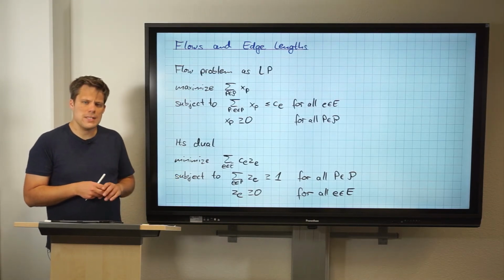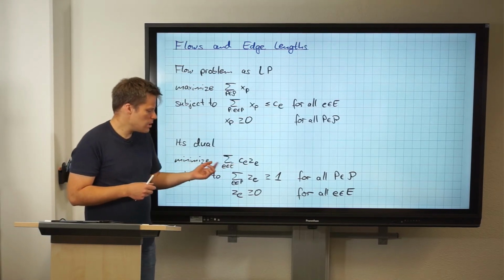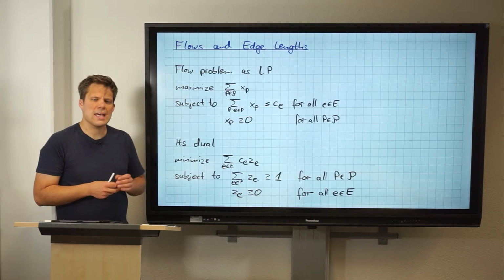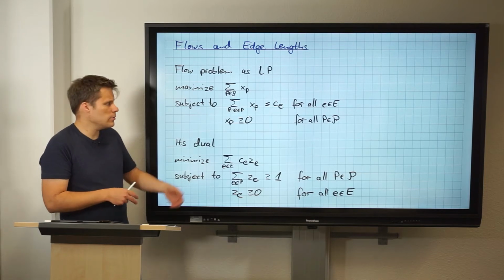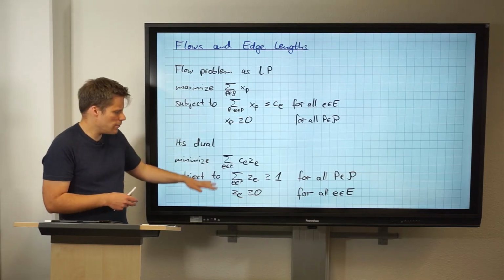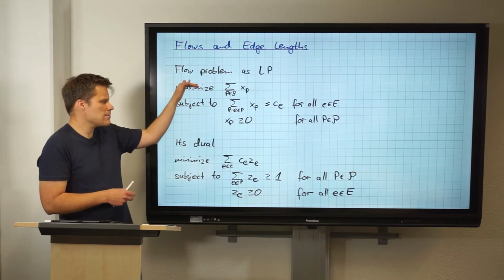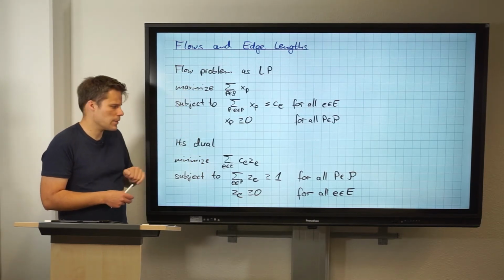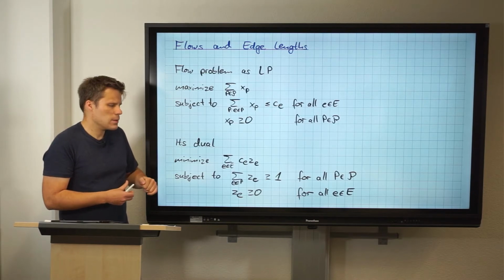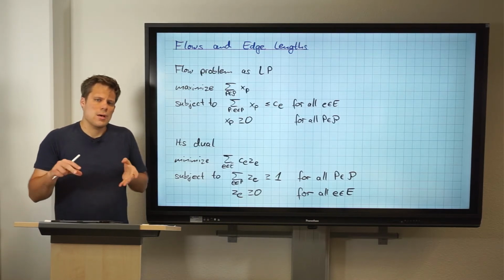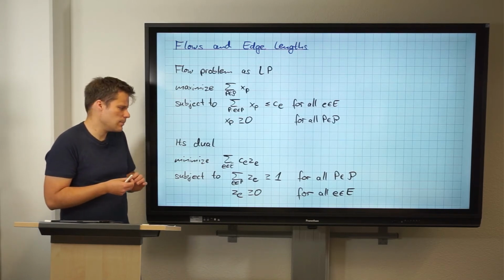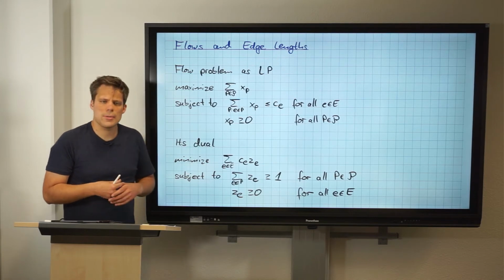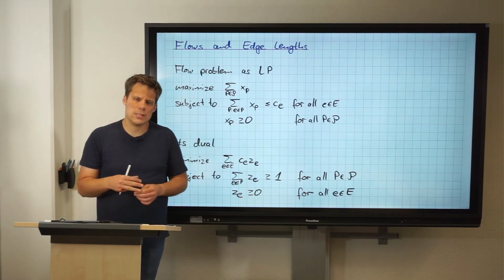For every feasible choice of such edge lengths, this objective function value will always be at least as much as the optimal flow value, the maximum flow value, because whatever we're getting down here will be at least as much as what we're getting up here. Okay, interesting. But we'll actually rephrase this a tiny bit, and that's why we will prove this from scratch.